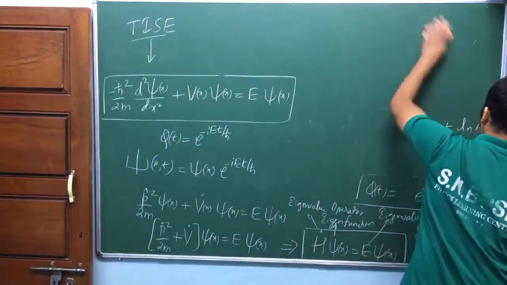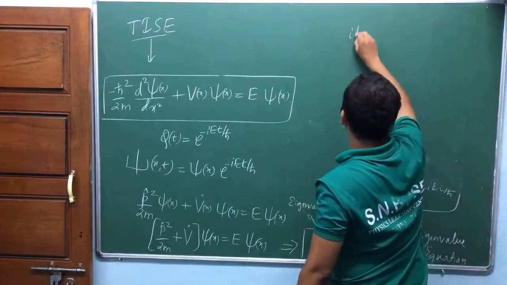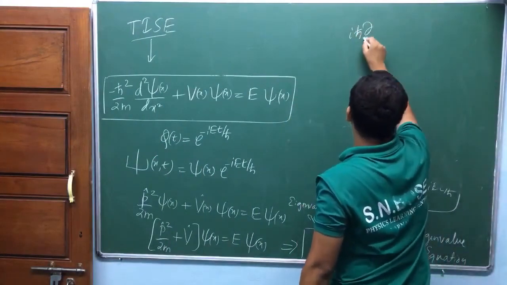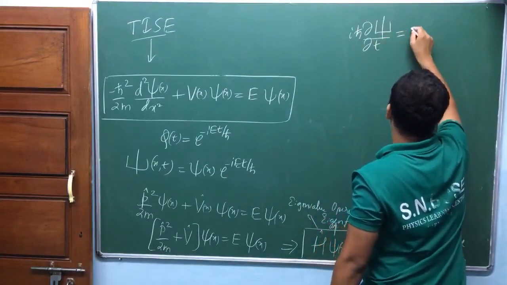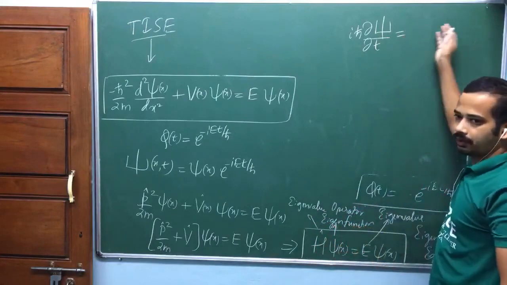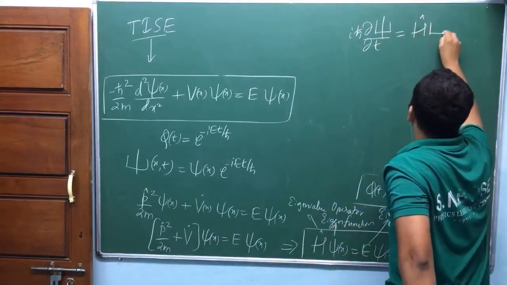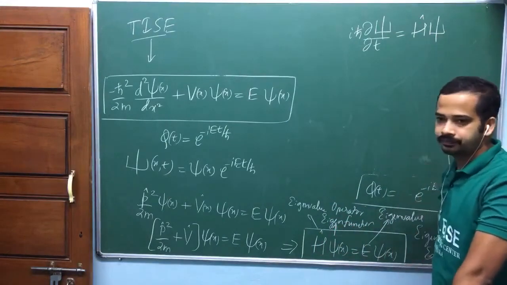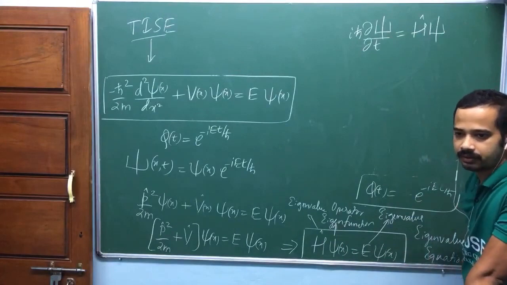After this observation, I will go back and see the time dependent Schrodinger equation in a quite different way. Dou by dou t of capital psi is equal to minus h bar square by 2m, whatever you have written. Can you write it as H cap into capital psi? I'll see that equation in a quite different manner.